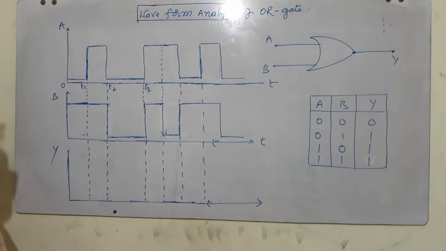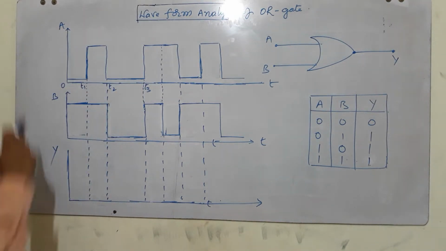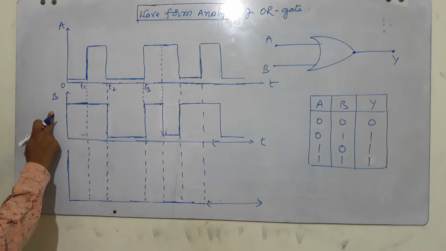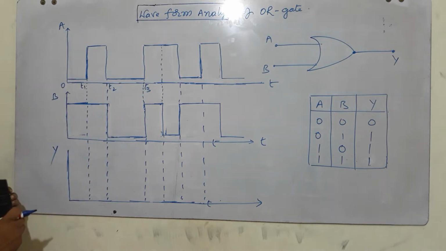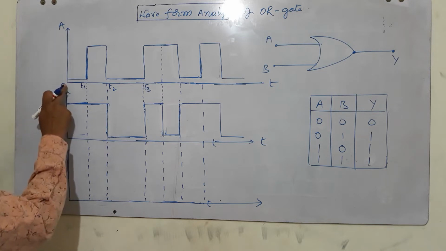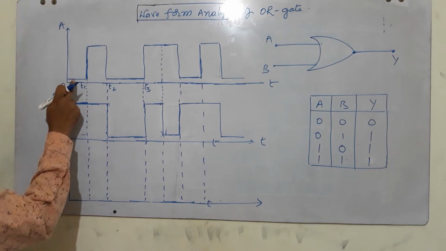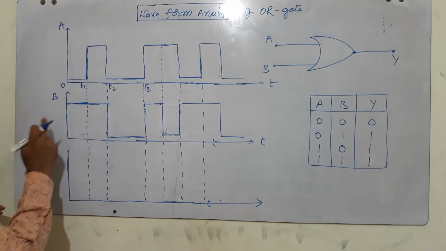We are going to analyze this OR gate in the waveform. See, I am taking A and B inputs in the form of waves. In the duration from 0 to t1, A is low, that is 0.